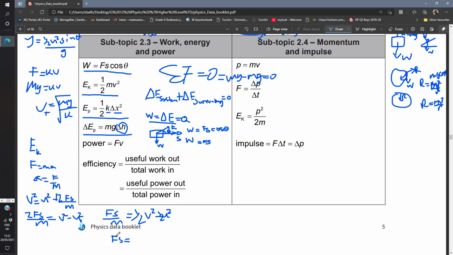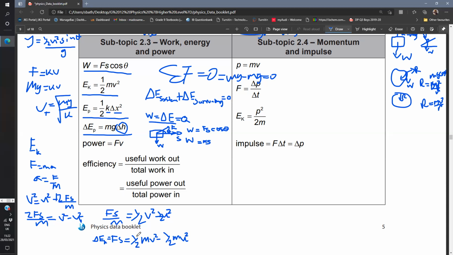Fs. Now Fs is work, so it's going to be the change of energy here. Kinetic energy. It's going to be half mv squared minus half mu squared.